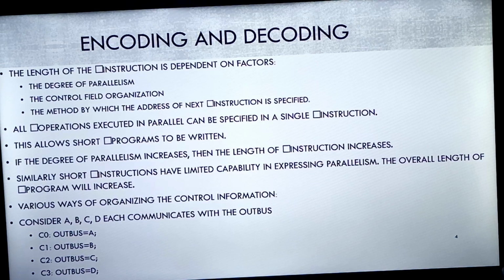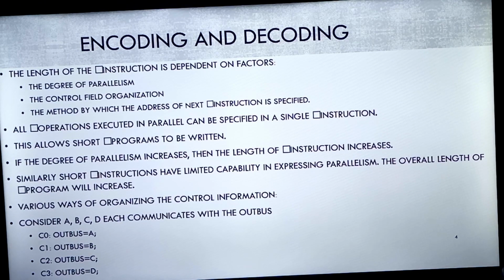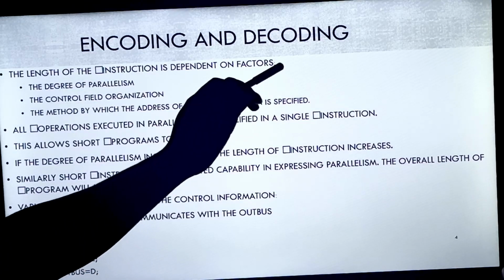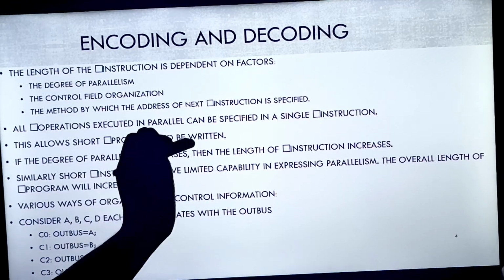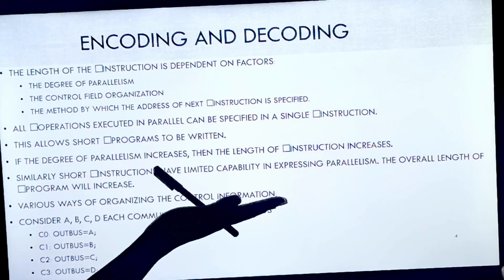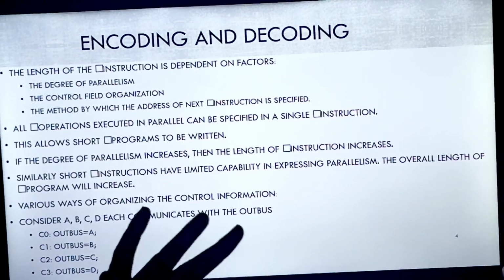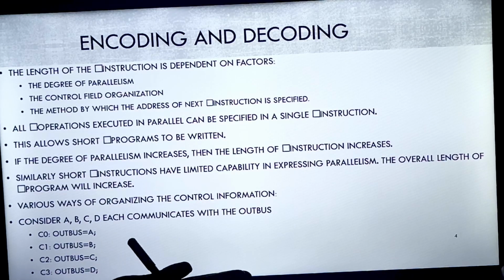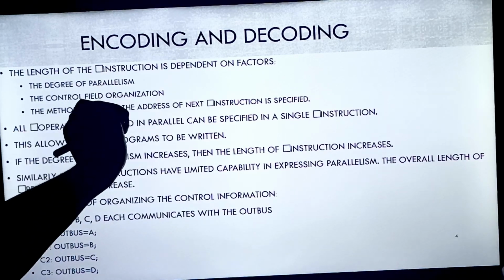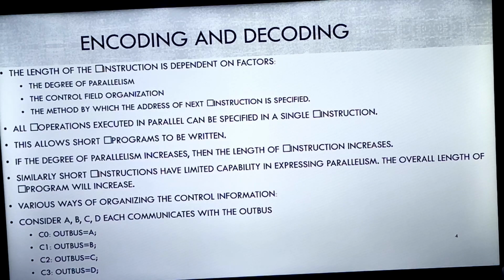You understood that? If you use a higher degree of parallelism, one advantage is that your overall microprogram will be smaller, because you use everything in only one or two lines. The microprogram will be smaller, but the microinstructions will be lengthier.